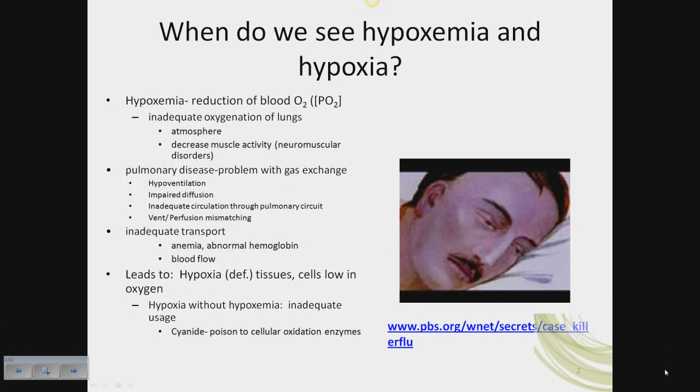And ventilation perfusion mismatching is certainly something you should have learned in physiology. And just to stoke the fire a little bit for that neuron, I'll remind you that that discussion deals with dependent and non-dependent regions of the lungs, and both oxygen, or air I should say, and blood have densities.